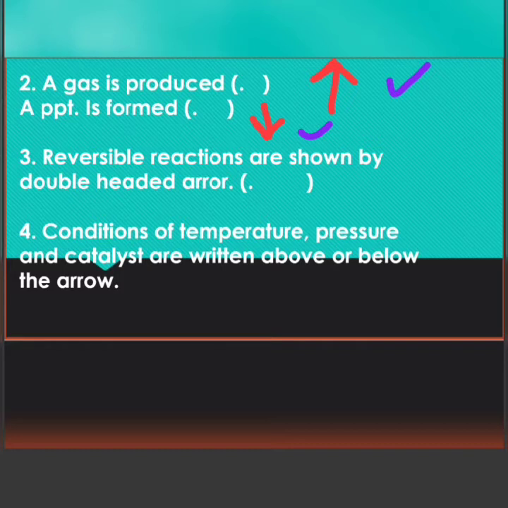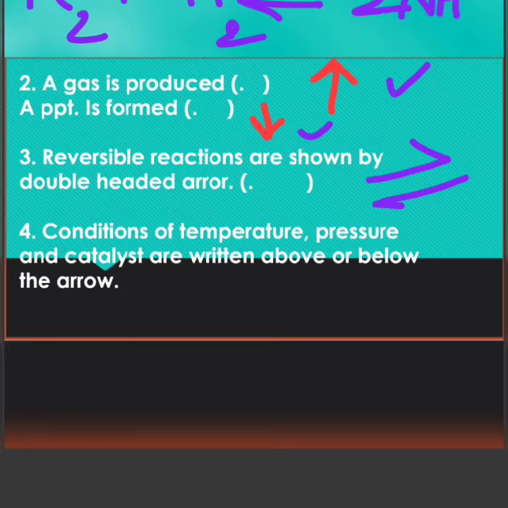Next, reversible reactions are shown by double-headed arrow like this. These arrows are put in the reactions which are reversible. For example, N2 plus 3H2 gives twice NH3. NH3 is ammonia. So this is a reversible reaction, that is why I have drawn this arrow here.